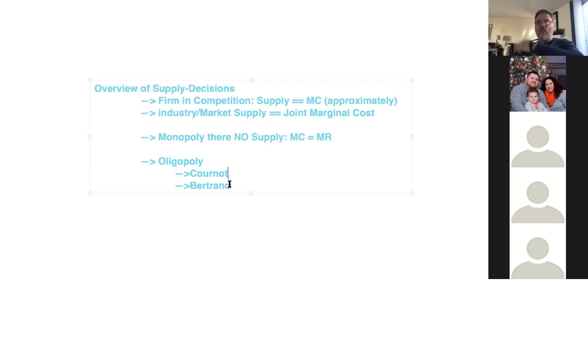Once they force the competitors out of the market, they can raise their price like a monopolist. But remember, when they raise their price, unless there's some barrier to entry, other firms will just come back into the market.